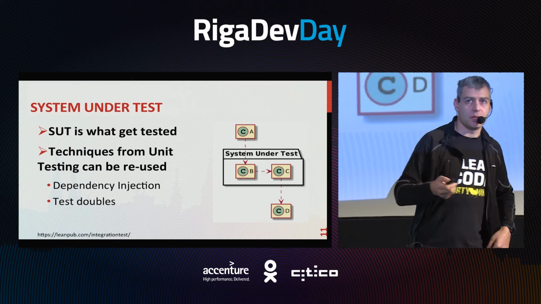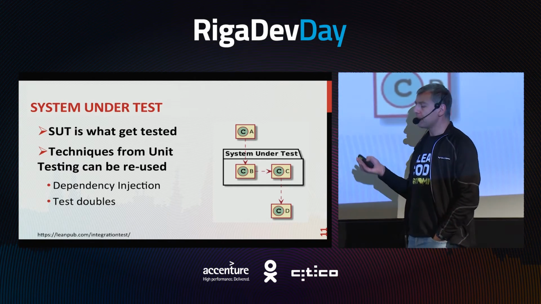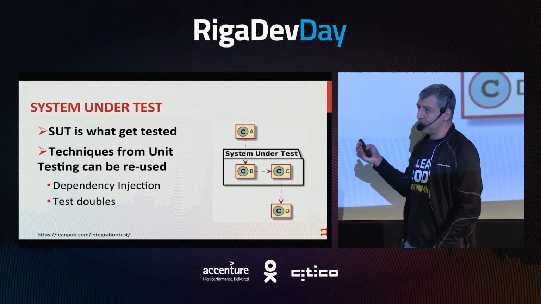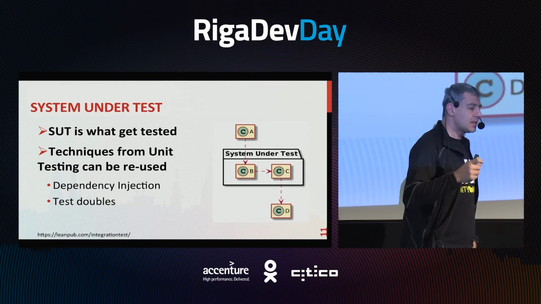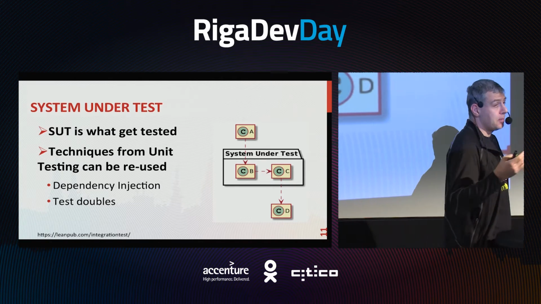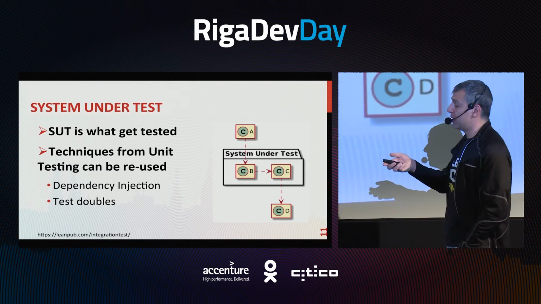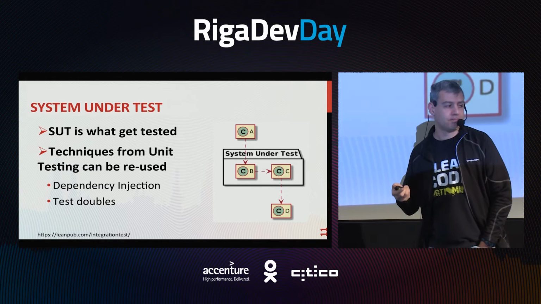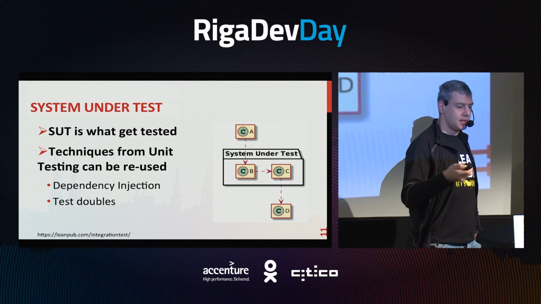But with integration testing, first, you should define what should get tested. As you can see, it can be the whole system or just a small part of it. If you test just a small part, then you can use the same methods as normal unit testing, so you can use dependency injection and test doubles. You can reuse the same ways as for unit testing.